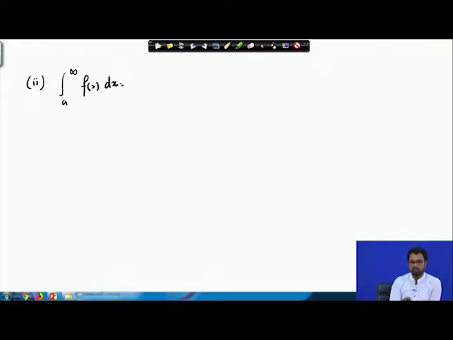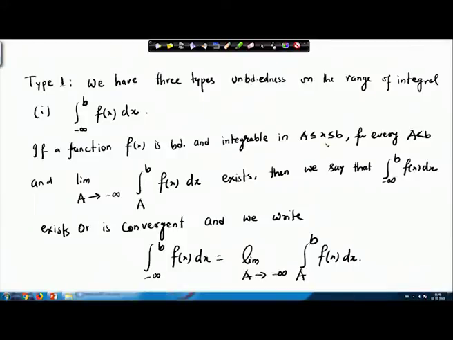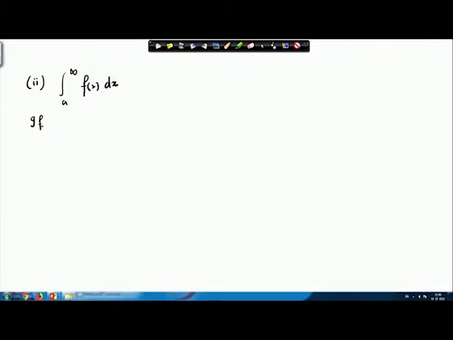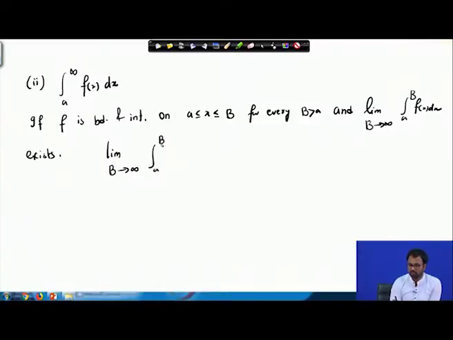Then the definition goes pretty much the same: if f(x) is a bounded function and integrable from a to capital B for every b greater than a, and the limit as b goes to infinity of the integral from a to b f(x) dx exists, then we say that this integral is convergent, and we can write the limit as b goes to infinity of the integral from a to b f(x) dx is equal to the value of that integral.